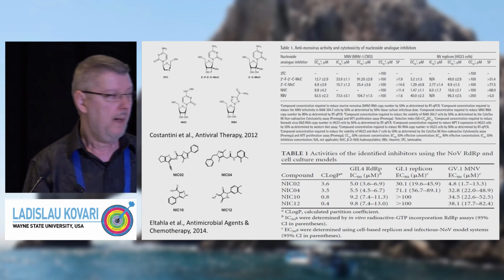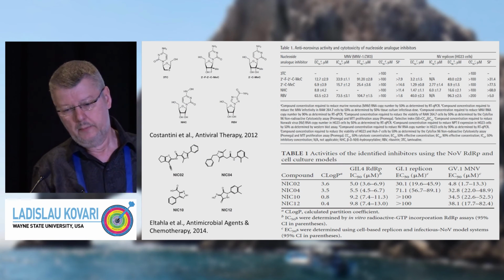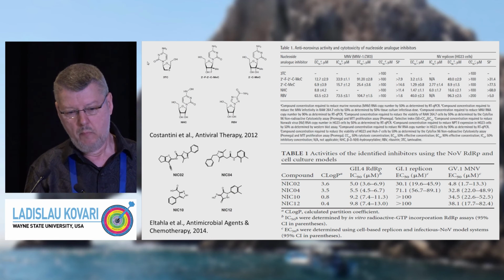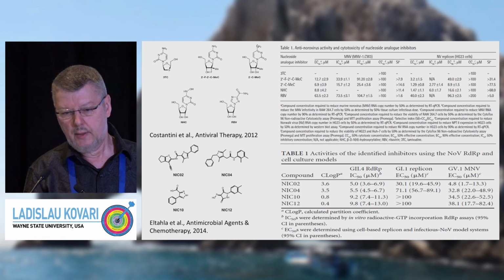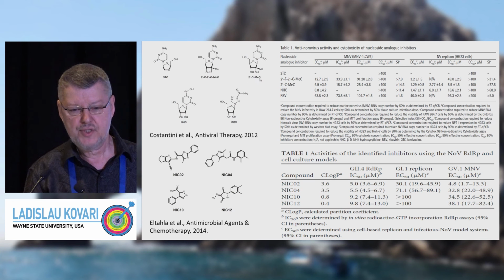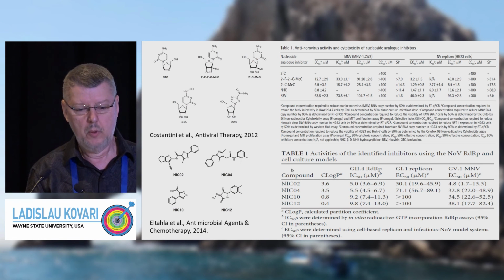A number of compounds have been identified by the Shirazi group at Emory and Peter White's group in Australia. Among the nucleoside analogs, 2'-C-methyl C has the best activity, 1 micromolar.